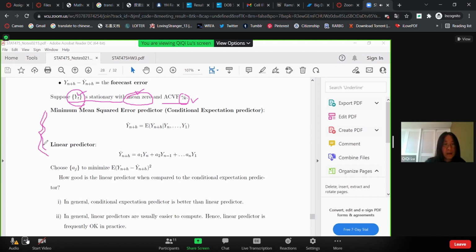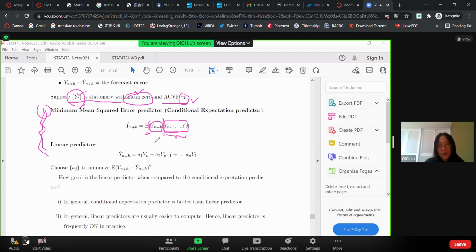The first one is called the minimum mean square error predictor, or you call this the conditional expectation predictor. So this is the data you have here, Y1 to YN, and you want to forecast the value for Y_{N+H}. So you take the expectation of this future value given Y1 to YN, that's the data you have.